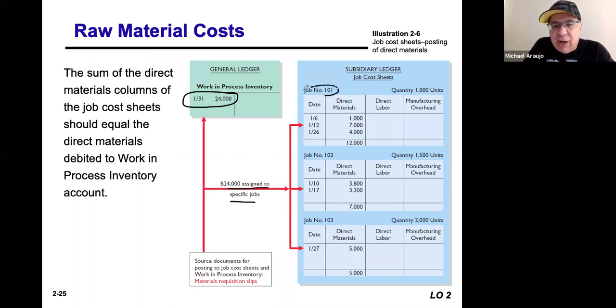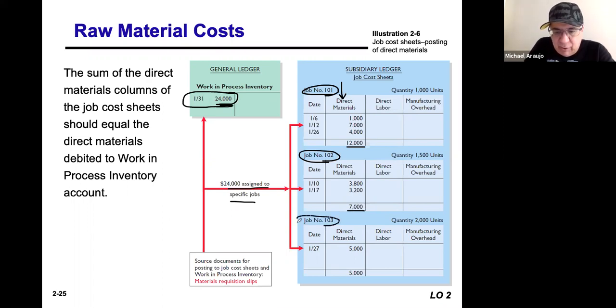So again, job 101, this is all direct material. These are coming from direct materials. So $12,000 of the $24,000 of these direct materials are for job 101. Job 102 has $7,000 assigned to it of the $24,000 that's part of this work in process.